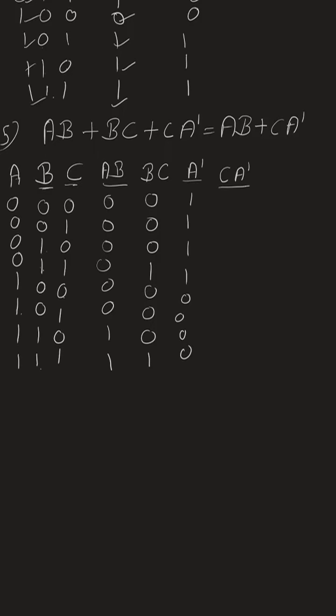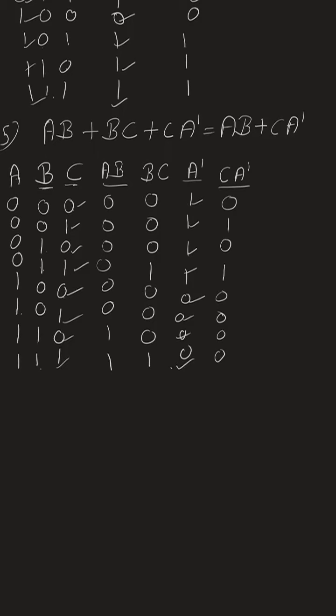Okay, you can multiply this. 0 multiply 1 is 0, 1 multiply 1 is 1, 0 multiply 1 is 0, 1 multiply 1 is 1, 0 multiply 0 is 0, 1 multiply 0 is 0, 0 multiply 0 is 0, and 1 multiply 0 is again 0 here.